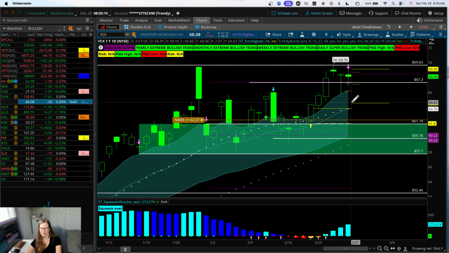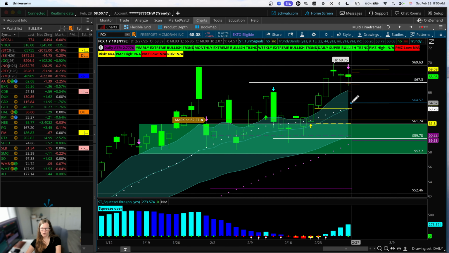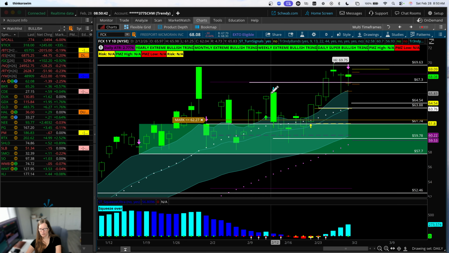so I'm not going to buy it here. If you still want to place Freeport, then you could possibly look at buying a dip down here at the lower weekly edge, 64.5, and I would set a pretty tight stop unless, of course, you're okay with sitting through a pullback all the way back to this demand zone where price went down, buy orders filled, down, buy orders filled, down, buy orders filled.